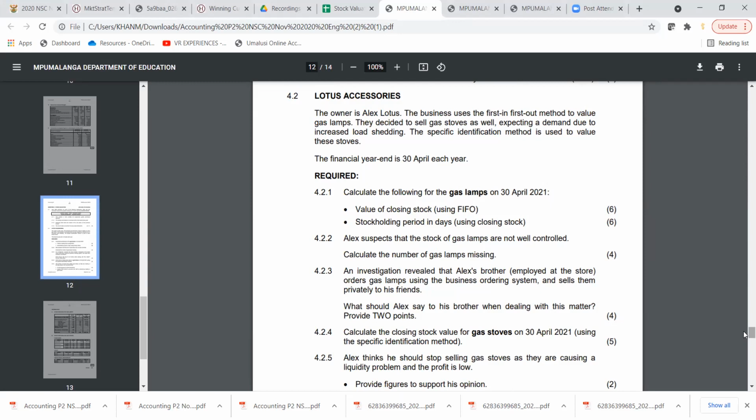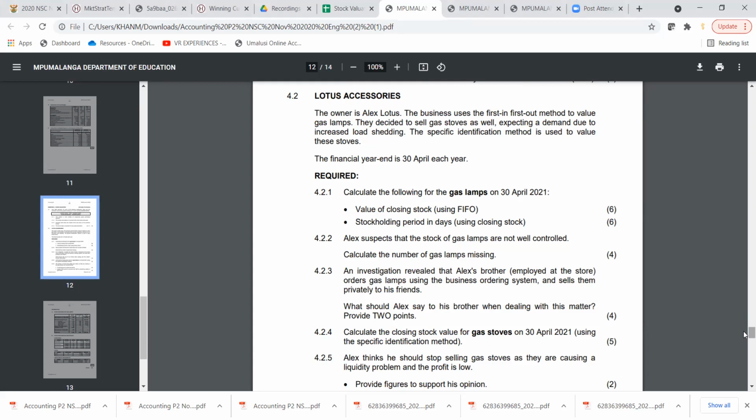So what you want to picture in your head is that you have a company called Lotus Accessories. So that's the business. The business sells two products or two items: one, gas lamps, and two, gas stoves.